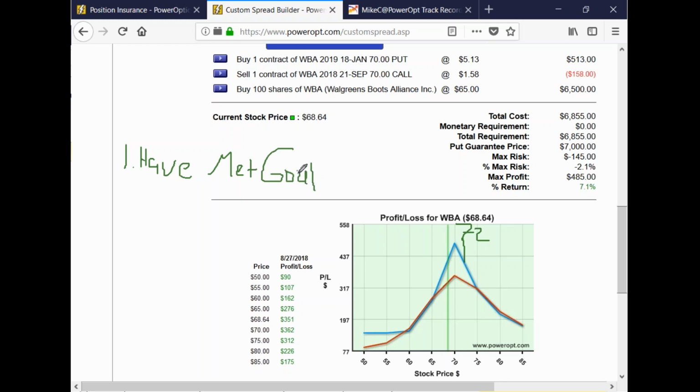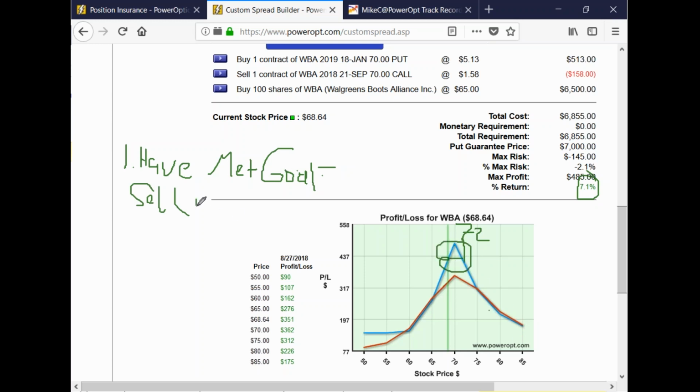If your target for this particular trade was 7%, let's call it 3.5% per month, or over 3% per month, well, over a 60-day period to September, which is probably closer to 40 days out, but let's say we did this a while ago, you're averaging about 3.5% return for each 30 days to September expiration. So if you've met your goals, yes, let it get assigned and sell to close the put for whatever time value it has left, and that'll get you into this profit range depending on where the stock is.